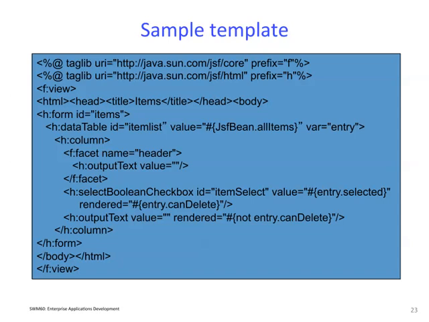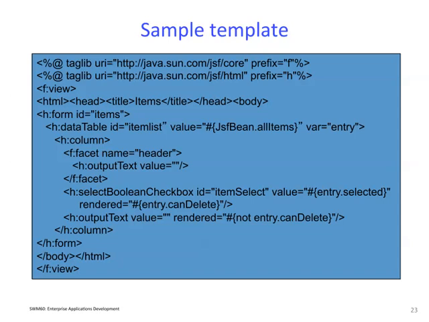Then you can put a checkbox that goes into that form with items that could be selected, which comes from the selected method, the entry object and the selected method. Then specify entry, and the method can delete yes or no, and the output text that would go in that form.